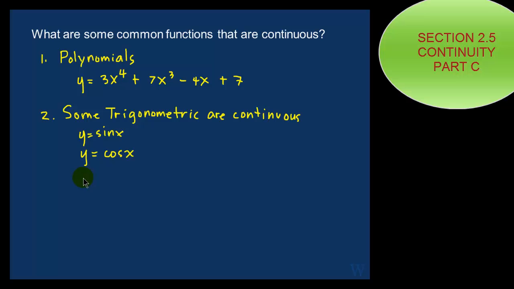What about y is equal to secant of x? Well, it will depend on the domain. So y equal to secant of x, cosine of x behaves this way: pi over 2, 3 pi over 2, up to 2 pi. Now if I take the reciprocal, when cosine of x is 0, then that's when it'll be undefined.